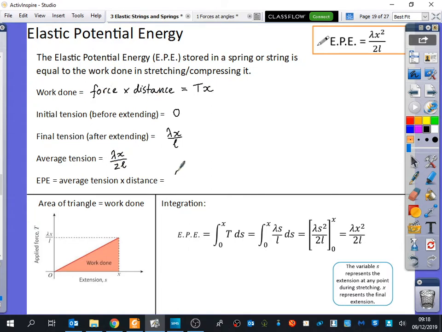So this is the tension, lambda x over 2L, and you times it by x, and you come up with lambda x squared over 2L. So the elastic potential energy is just a variation of what the work done is. The force is changing, so it's not a constant force, which is why we take the average of the beginning tension and the final tension, just to show where that formula comes from.